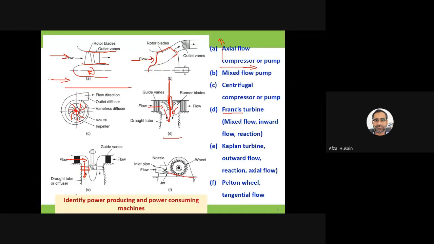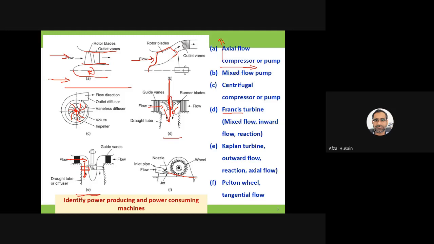Now come to the E part. In this part, the fluid is entering into what we call the casing, and from the casing it is turned and is striking the blade axially here. So it's striking the blade axially and leaving the blade axially. So we call it an axial flow machine.